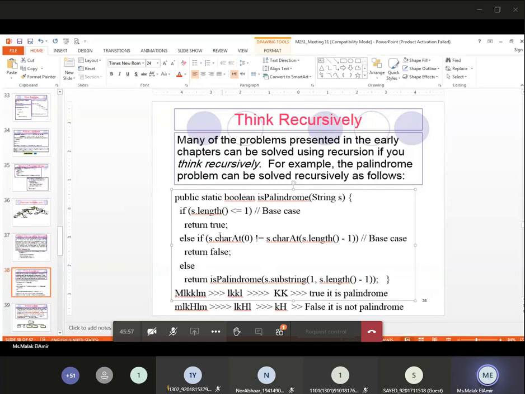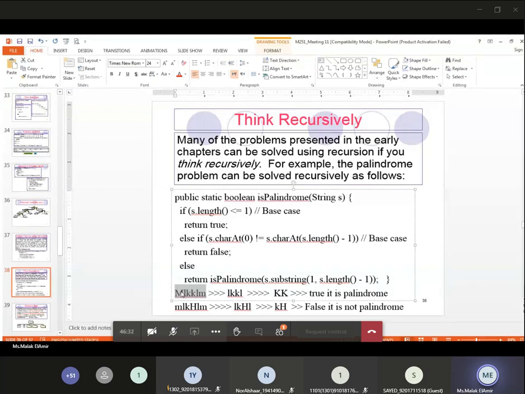So, what is MLKKLM? 1, 2, 3, 4, 5, 6. So I have 6 characters. Is 6 less than or equal to 1? No. Else, is the charAt 0, M, not equal to the charAt the last one? No. So call again with the substring starting from 1, meaning from L until length minus 1.